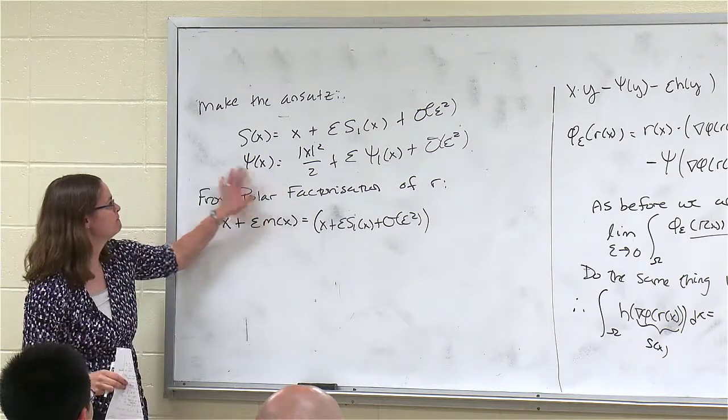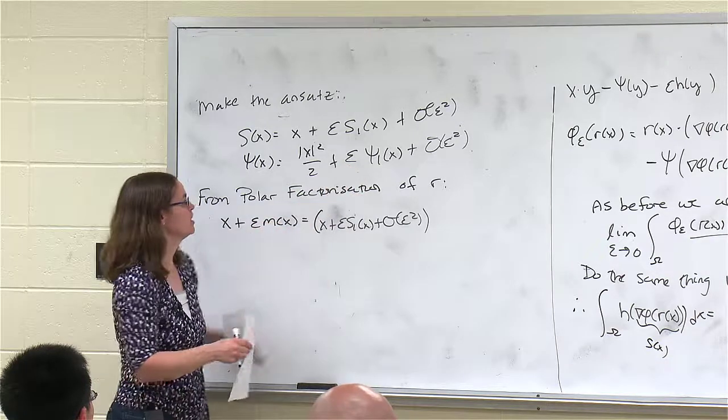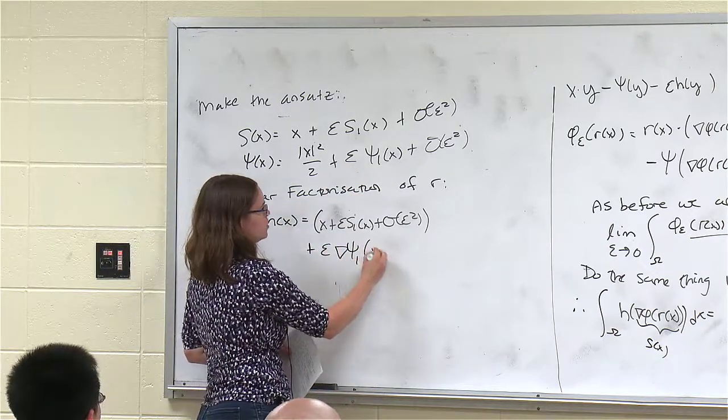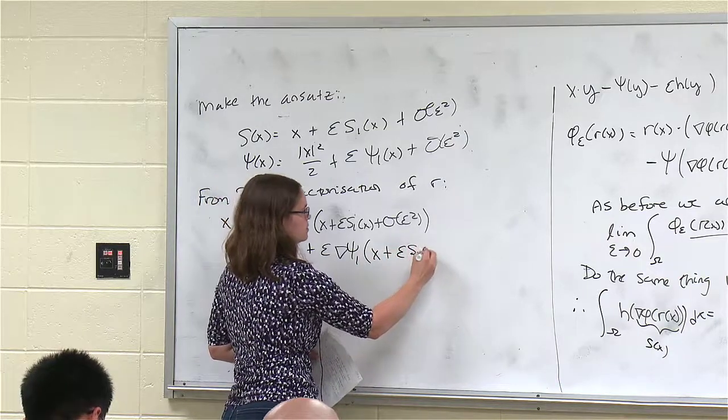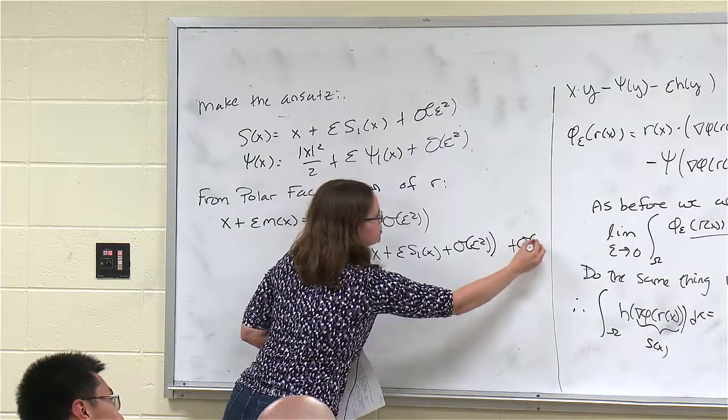That's the first term. Gradient of this evaluated at S plus epsilon times the gradient of C1 evaluated at all of this. Okay, plus higher order terms.